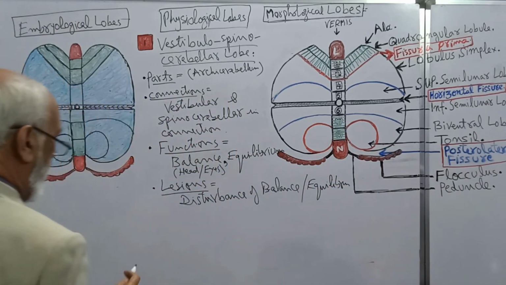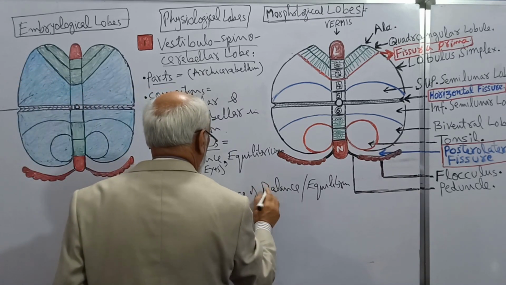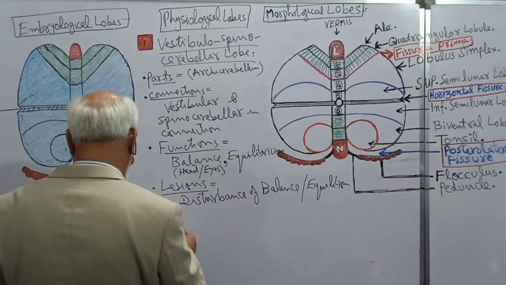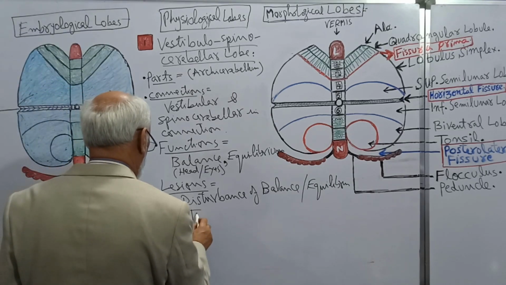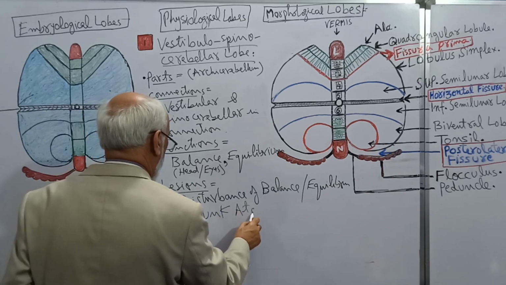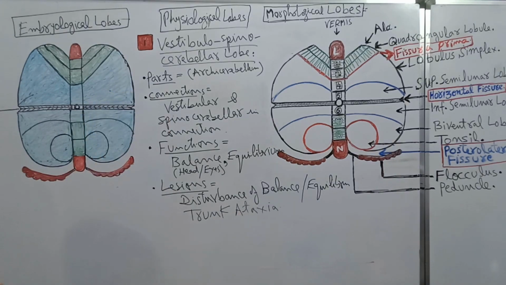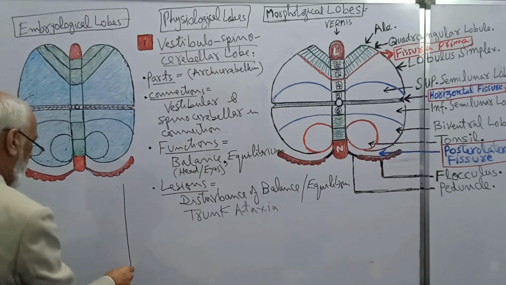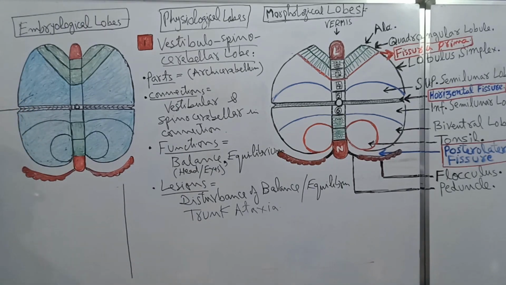Balance of the body and equilibrium will be disturbed. When the balance and equilibrium is disturbed, there will be trunk ataxia. Trunk ataxia means the patient will walk as if drunk. Suppose you want to test this. You will draw a line and ask the patient to walk on this line.